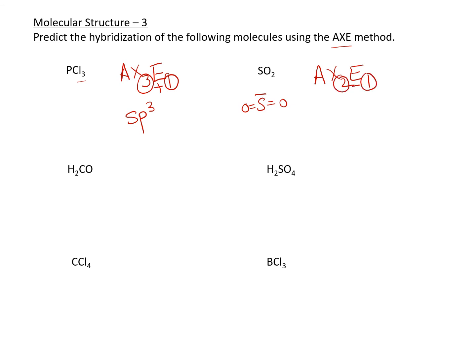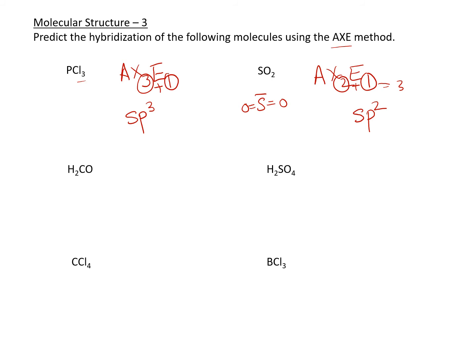So that is 2 plus 1, that's a 3. If it's 3, that means that I need 3 orbitals. If I need 3 orbitals, it means this is going to be sp2. So s is 1 and then 2 for p, that's 3 orbitals. That's how the sp2 hybridization works for SO2. Let's look at the next one, which is CO and then 2, that is, CH2O.